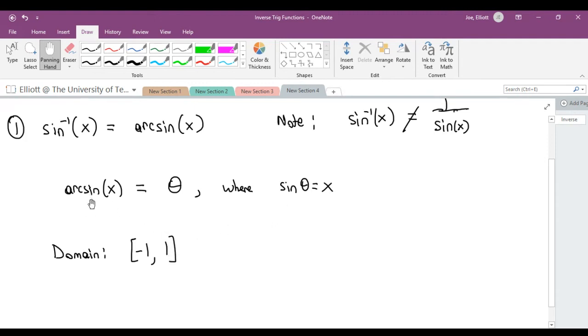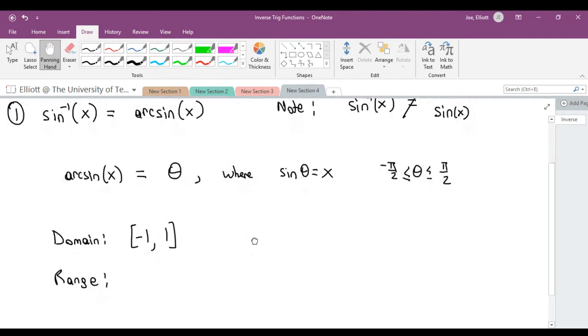As for the range of the arcsine function, we put a restriction on the range, or rather on this angle that it outputs. We restrict that angle theta to be between minus pi over 2 and pi over 2.